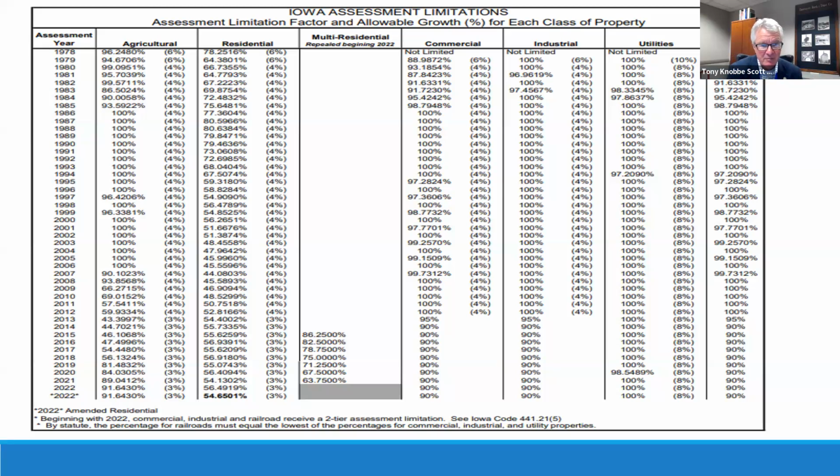The numbers in brackets to the right are simply the limitations in growth. So you can see that the growth limitation started out at 6% and is now down to 3% growth for ag and residential. I could do a whole other seminar on ag valuation. I won't go into that today, except to say that it is not a market value-based approach. It is a production-based approach.